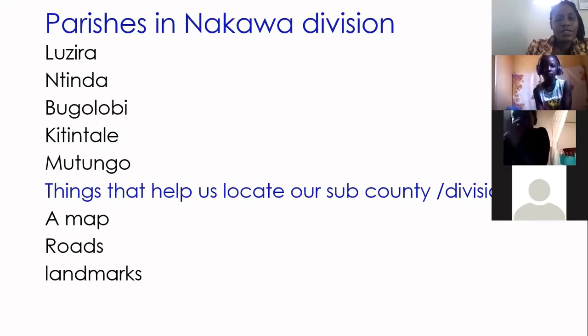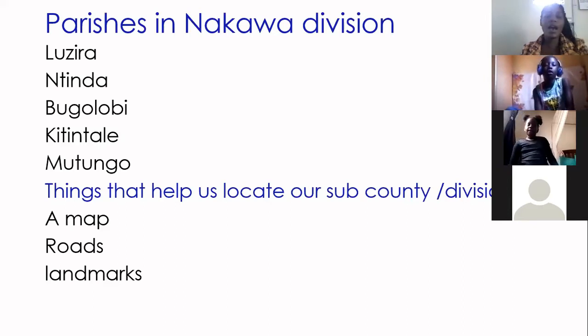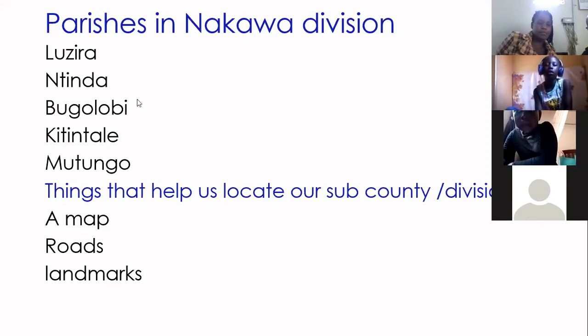We are going to look at things that help us to locate our sub-county or division. Remember, our emphasis here is the division. So we are looking at those things that will help someone who doesn't know our division or sub-county, where it is, how will that person locate the place?